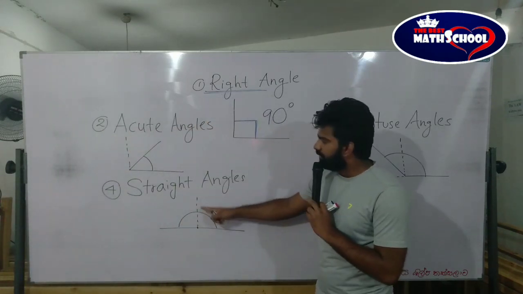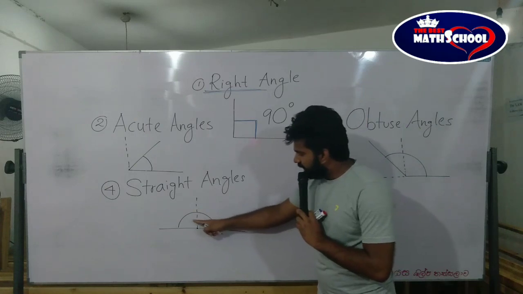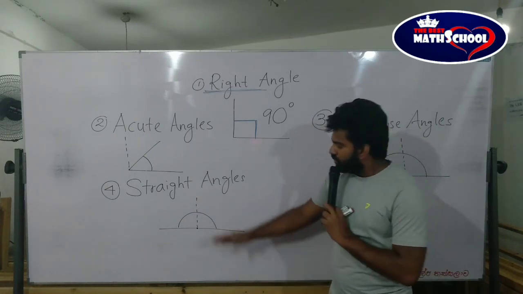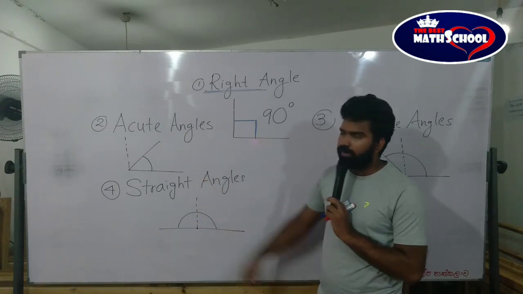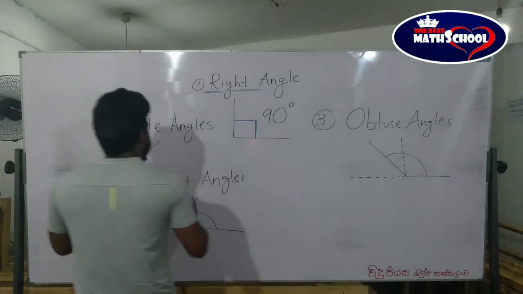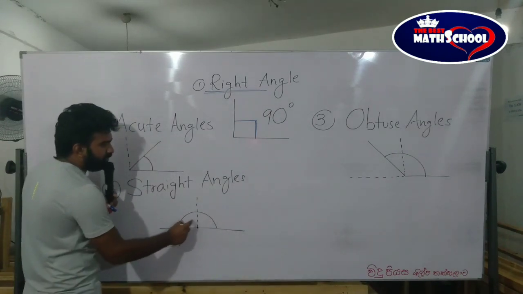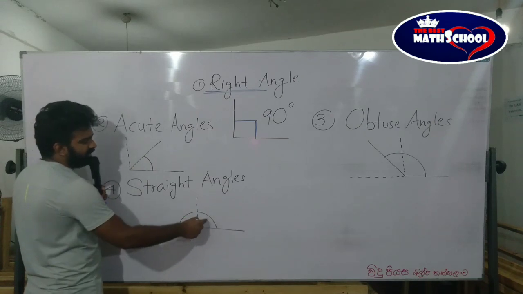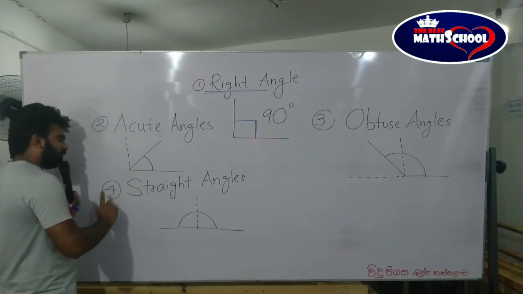So the magnitude of this angle will be 90 and 90, that means 180 degrees. Got it? So these types of angles, we call them straight angles. The only thing is, the magnitude should be the addition of 2 right angles, 90 and 90 together. Put number 4.